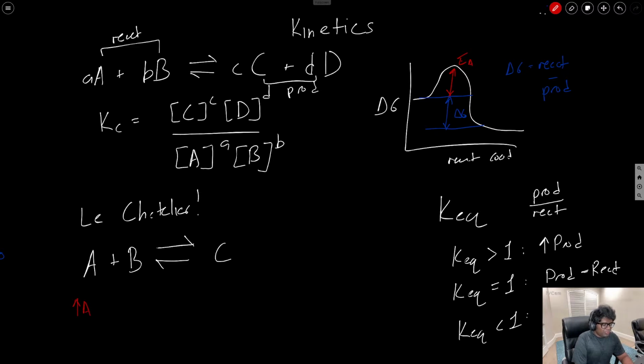And if you're adding more stress onto one side of the reaction, you have to push it this way. So if you're adding more of A or B, you're leading to a right shift. Likewise, if you're adding more of a product, you'll be shifting it to the left.